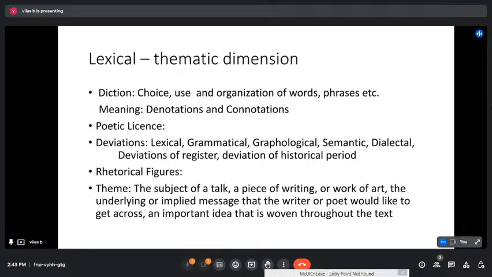The newness in the language of poetry, how we find the newness, it is achieved through the use of words, what we call lexical deviation. Suppose the word is deviated from a certain source, lexical deviation, grammatical deviation, how the poem is made new.